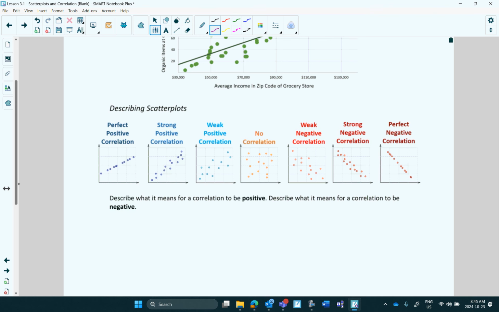When we talk about the relationship between the two variables, we talk about their correlation. Correlation is basically a number that tells us how strong the relationship is or how weak it is. So we can see here that if we have a series of dots forming a perfect line, that's a perfect correlation. Okay? That's very rare.